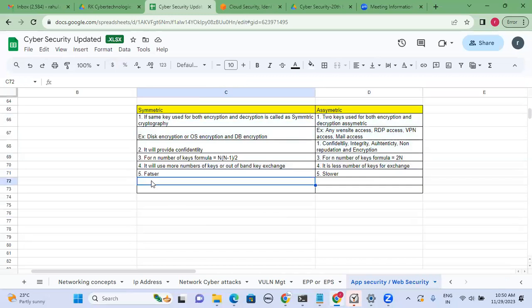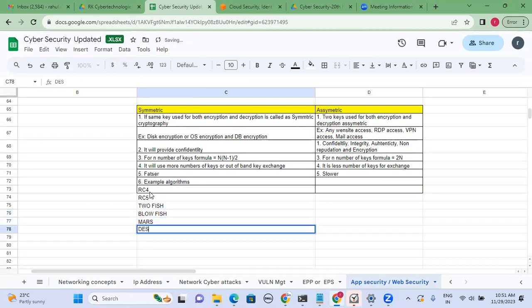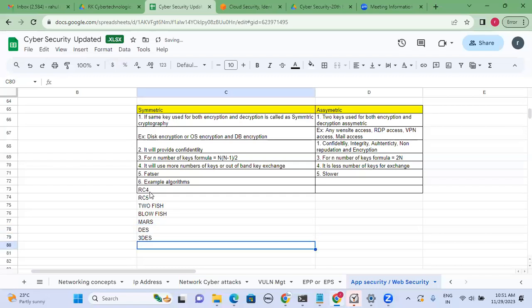Now coming back to the 6th point, I will put example algorithms. On the symmetric side, we have RC4, RC5, Twofish, Blowfish, MARS, DES, Triple DES or 3DES, AES, 3AES.